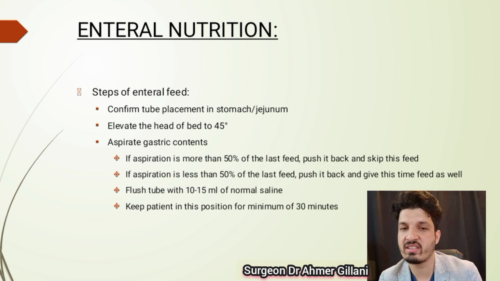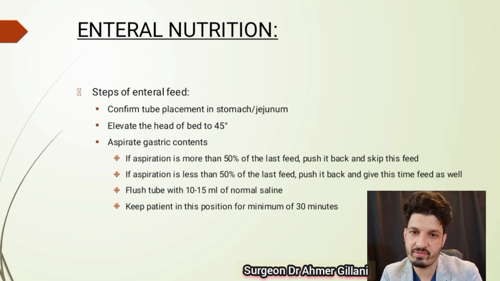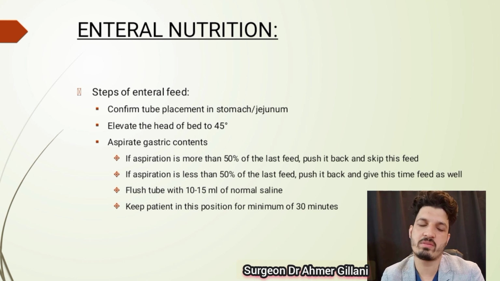If the aspiration is more than 50% of the last feed, then push it back and skip that feed. And if aspiration is less than 50%, then push it back and give this time's feed as well, which you have calculated, and flush the tube with 10 to 15 ml of normal saline, and keep the patient in this position for a minimum of 30 minutes.